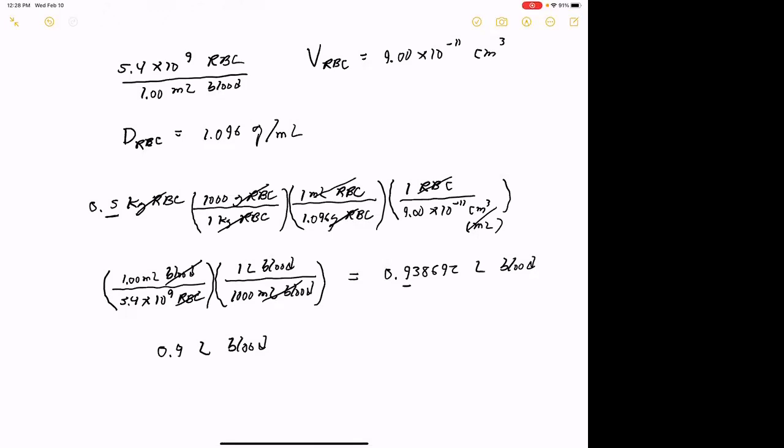If you're punching in your calculator with me, I would take my 0.5, and I like to go all the way across the numerator. So I would take my 0.5, multiply it by 1,000. Then you have 1 times 1, so I don't do anything there, times 1 again, which I don't do anything with, times 1 again, which I don't do anything with. So you've got a value for the numerator now, right? Yes.